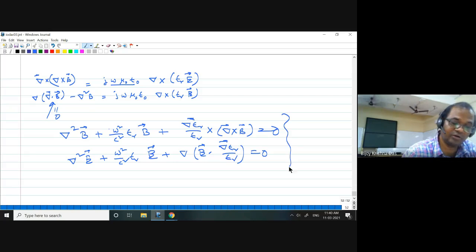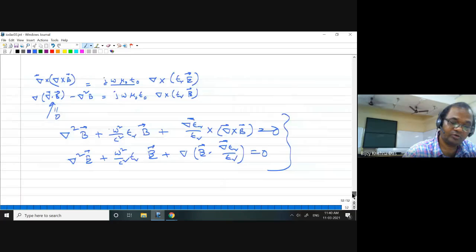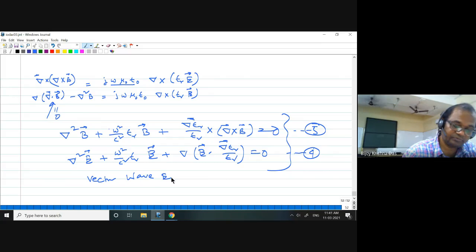Earlier that equation was equation 4, so this is equation 5. These two equations, 4 and 5 together, are called the vector wave equation for any arbitrary dielectric constant distribution.